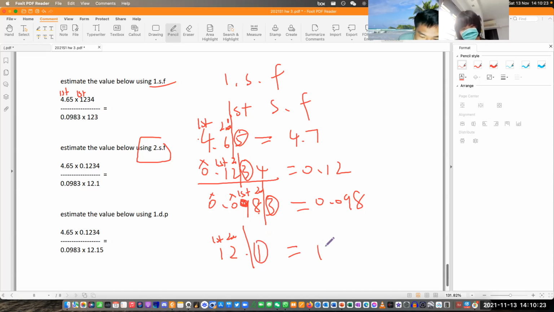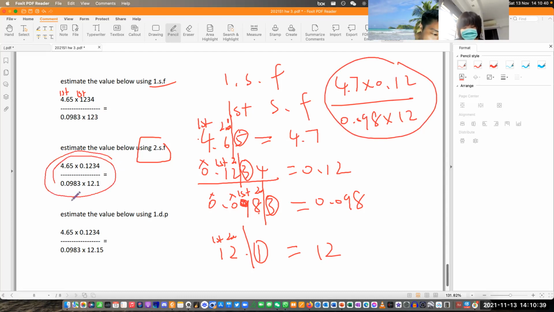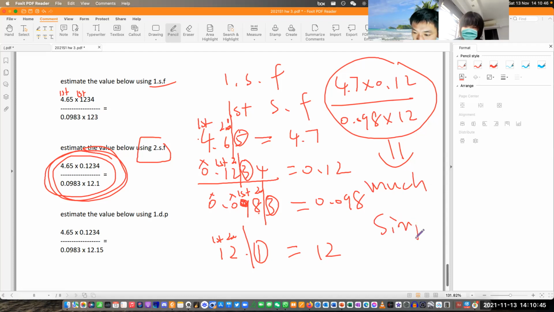Round down, so it's 12. So you just do 4.7 times 0.12, then 0.098 times 12. Can you see? Compared to keying all this into the calculator, this one is much simpler. So in fact, you use two significant figures.